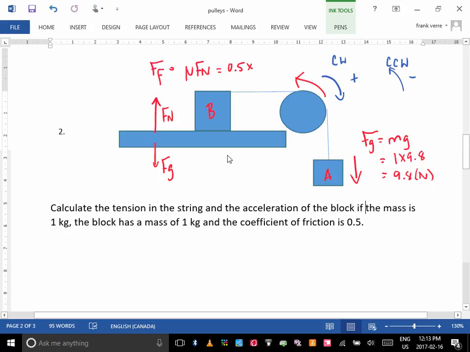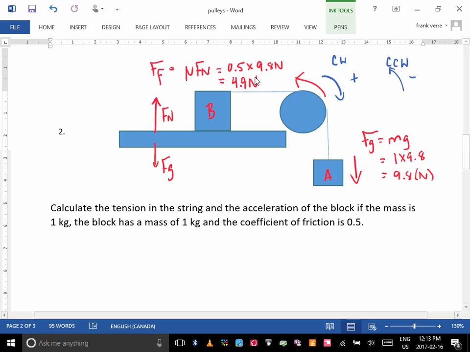And because this block has the same mass as the other block, the weight is also 9.8 newtons, because they're both 1 kilogram masses. So the force of friction in this case is 4.9 newtons.